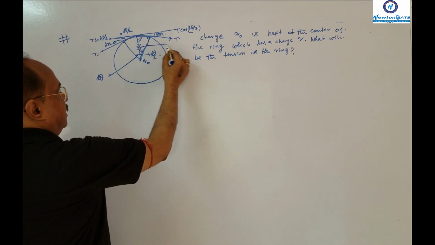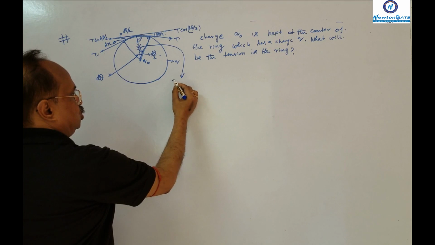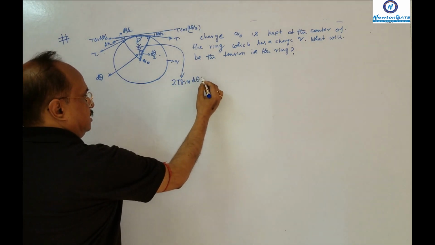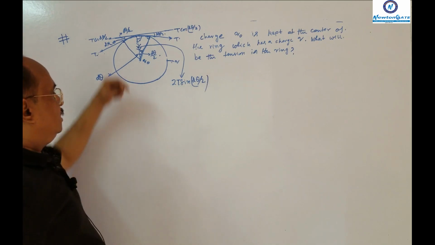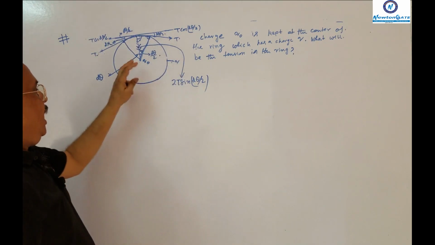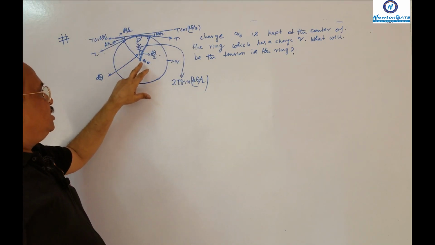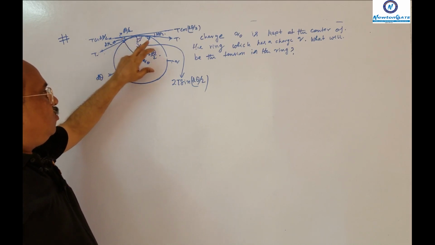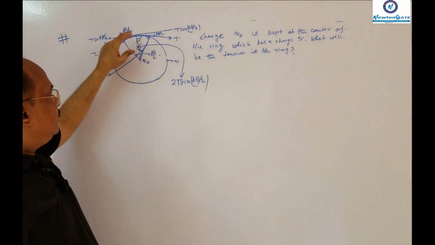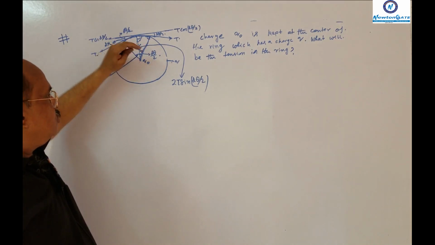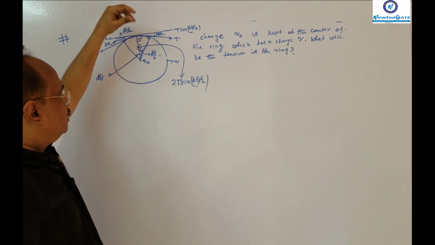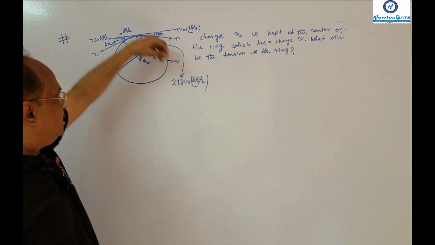So both of them give 2T sin d theta by 2, which is inward. There will be a charge Q naught here, and this small element has a charge, whatever it is that I am calculating. That small element charge and this Q naught will repel each other. That means there is an external force outward, and this 2T sin d theta by 2 is inward.